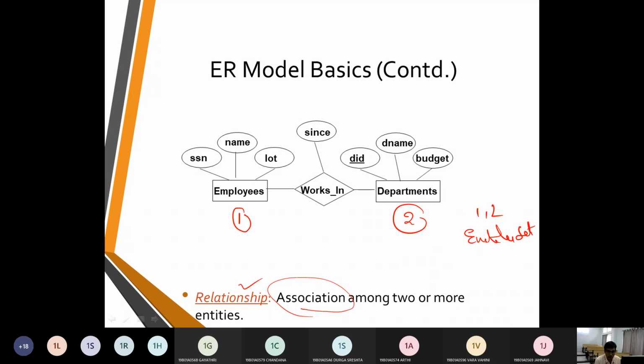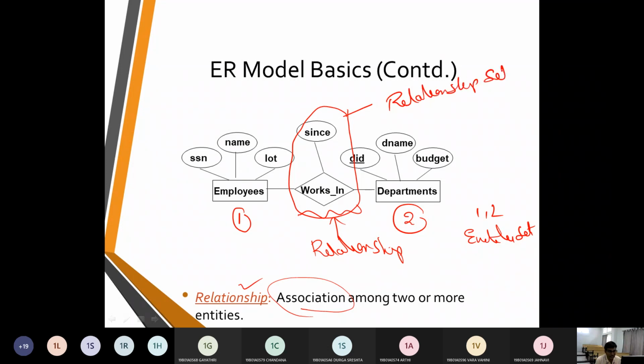So, we call 1 and 2 here entity sets, and what's in between, we are going to call a relationship. And this relationship, if it is going to have an attribute, we call that a relationship set.